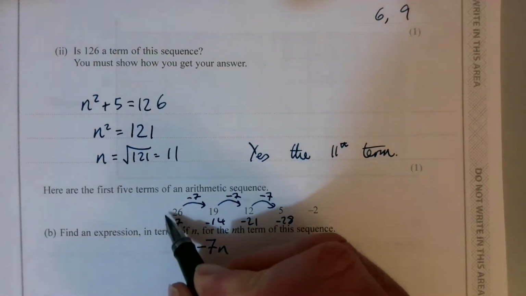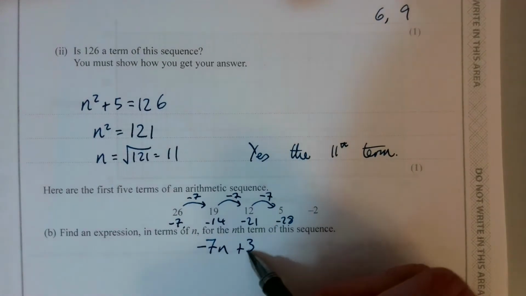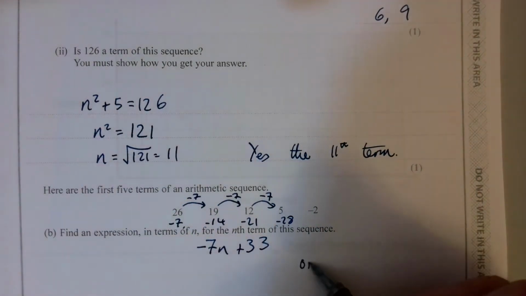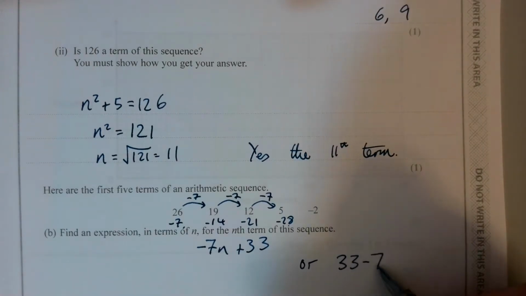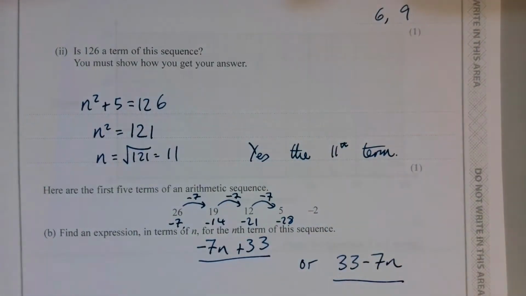So what do we have to add to negative 7 to get 26? And that would be 33. So you can either write it as negative 7n plus 33 or 33 take 7n. Either of those is correct.